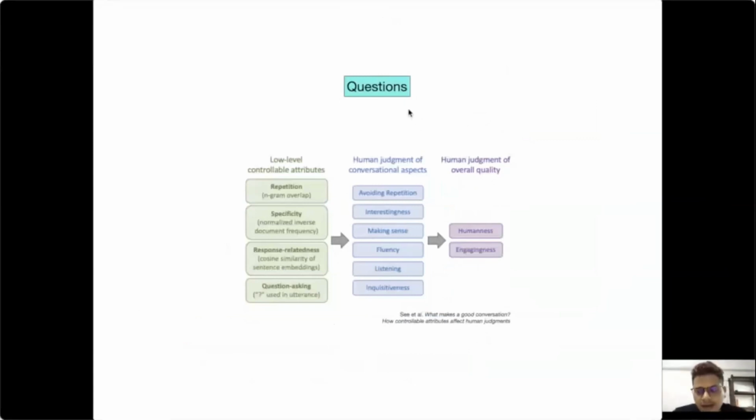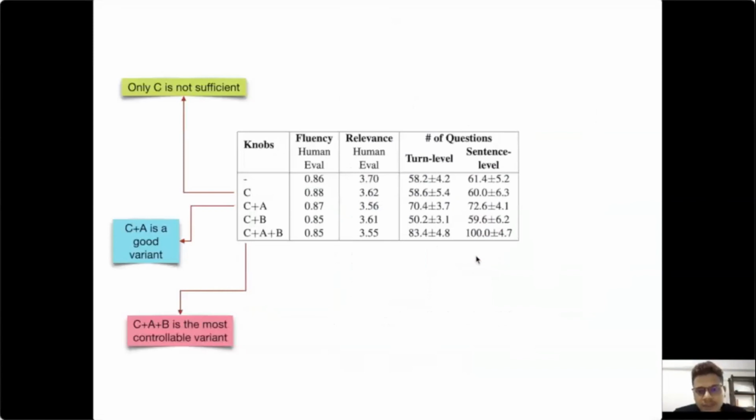We start our experiments by looking particularly at questions, because question asking has been shown to improve engagingness. So question is a good or desirable feature in response generators. So when we see the results, what we first notice is applying only C, which is the context augmentation knob, although it has some minor improvements, it's not significant.